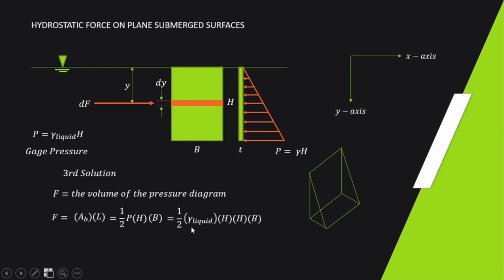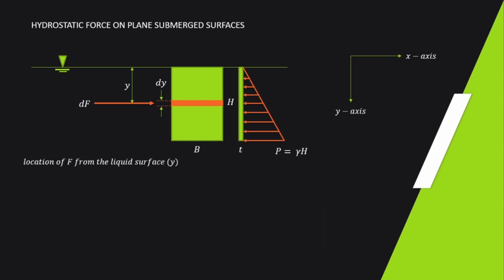So 1/2 times the unit weight of the liquid times H, ito yung pressure, times H times B. Kung naalala nyo kanina, yung BH natin, that is the area of our plane. And yung H over 2 naman, H times 1/2, ito naman yung H bar. So babalik pa din tayo sa formula na unit weight of the liquid times H bar times A. So you can use 3 solutions.